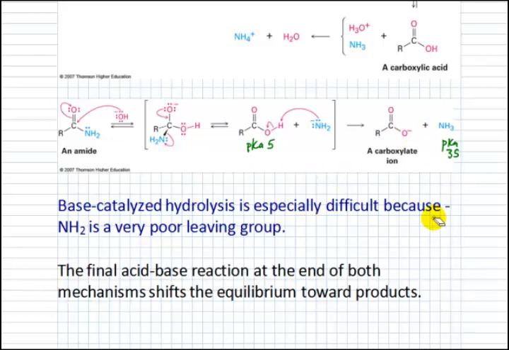This base catalyzed hydrolysis, though, is especially difficult because NH2 minus is a pretty poor leaving group. So we're kicking out an actual negative. The only reason that this can actually happen is because NH2 minus can pick up a proton from the carboxylate. So the reaction will be slow, but under pretty harsh conditions, you can actually get product. The equilibrium is shifted towards the product because of this favorable acid-base reaction that happens at the end.